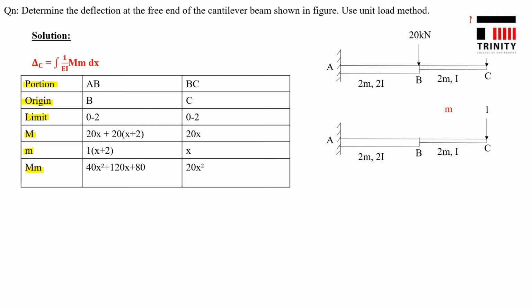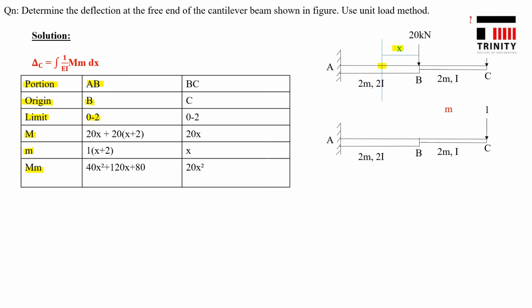First take portion AB, take B as the origin. For a cantilever beam, always take the free end as the origin. The limit is 0 to 2. Then for calculating capital M, consider a section which is at a distance x from the origin B and take moment about this section.